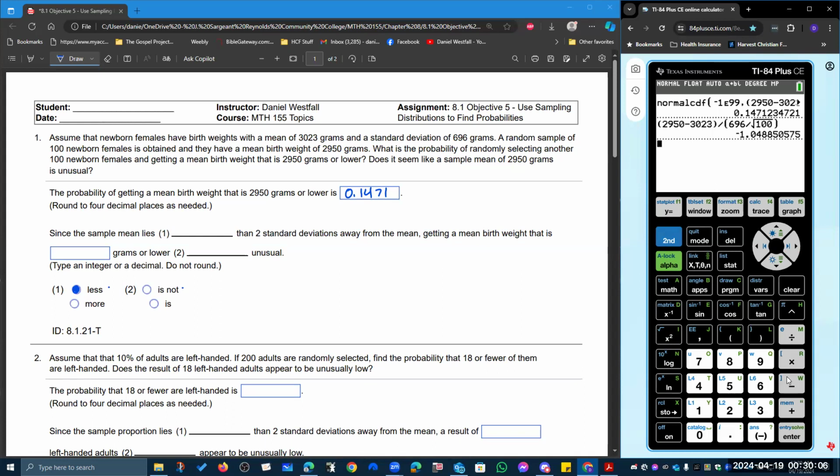That's between -2 and 2, so it's less than 2 standard deviations away from the mean. Getting a mean birth weight that is 2950 grams is not unusual.